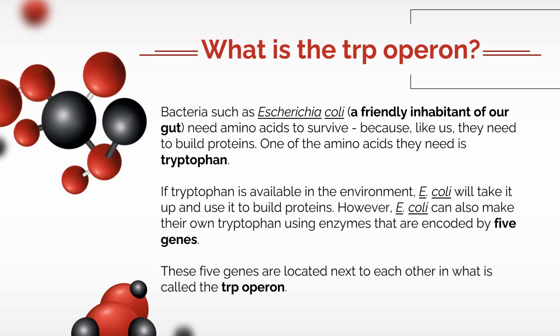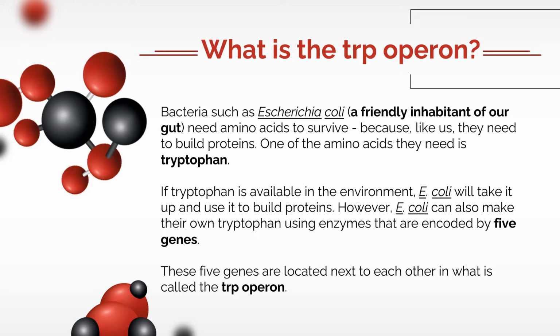Now, since it's an operon, it will have many structural genes, as the definition of an operon suggests a cluster of structural genes. These structural genes ultimately help to produce tryptophan inside the cell, which makes the trp operon an anabolic pathway. Anabolism is the synthesis of complex molecules in living organisms.